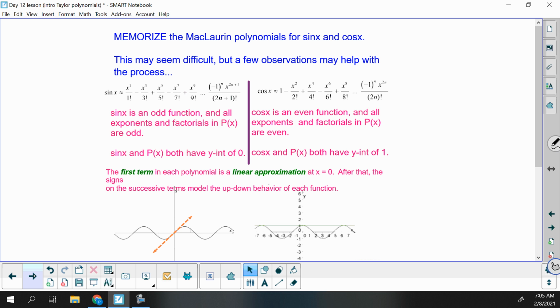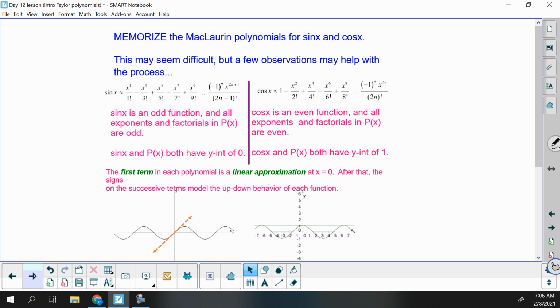So you will want to memorize the Taylor polynomials for sine and cos. They're going to be 2 of our most common ones. And it might seem daunting, but a couple things that'll make it easier. First, sine's an odd function. Notice all of the powers and factorials are odd. Cos is an even function. So notice all the powers and factorials are even. Use its y-intercept to help figure out what should come first.